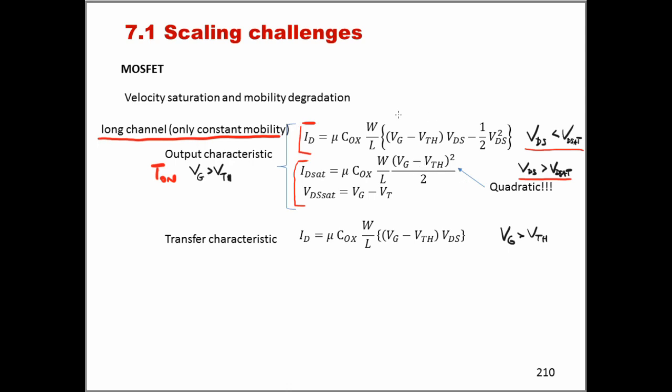Please note in these formulas here that IDSAT, the saturation current, depends quadratically on Vg minus V threshold.